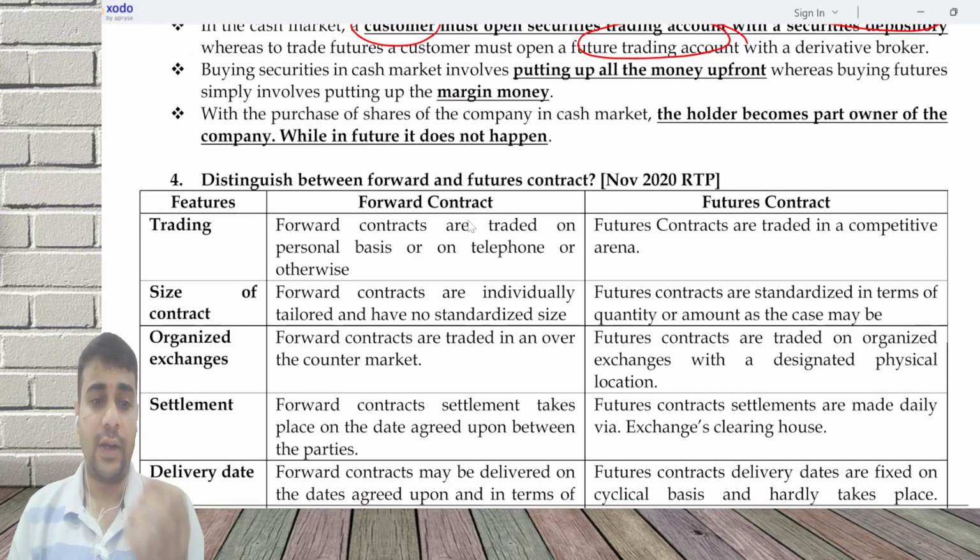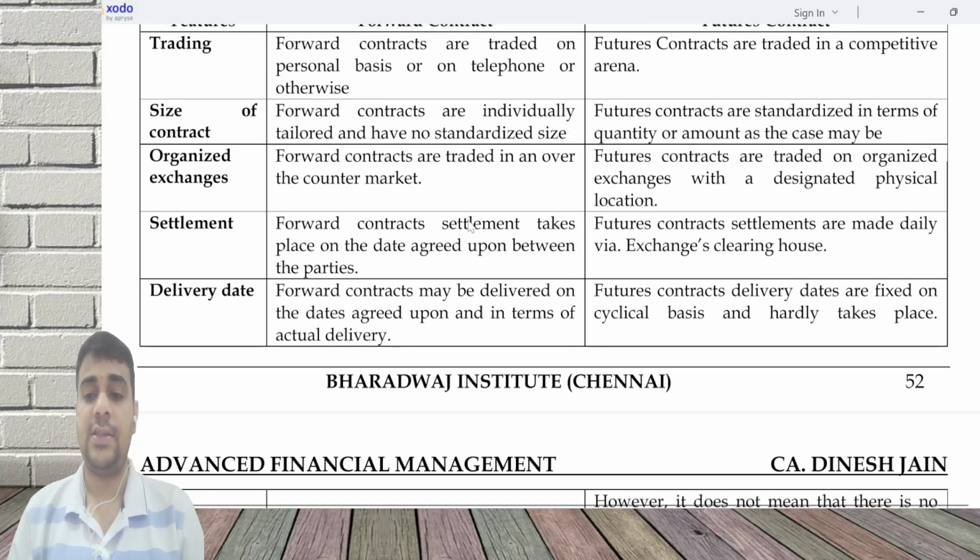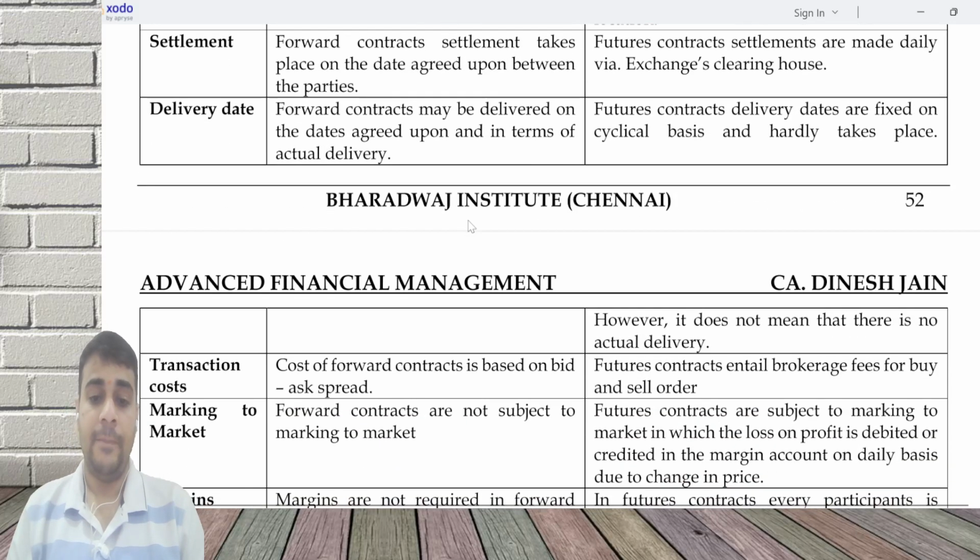So forward contracts are traded on a personal basis, customized, over the counter. Futures are traded in a competitive arena, standardized, with an exchange. Most of the time forward contracts will have physical settlement; futures contracts will have net settlement, and there is daily mark to market, and delivery hardly takes place.